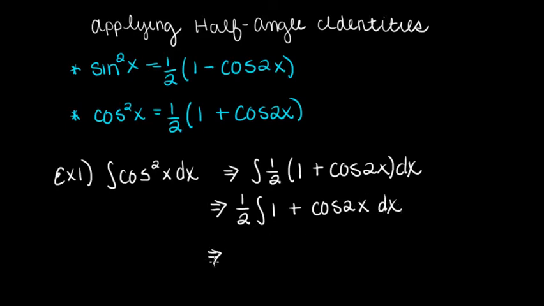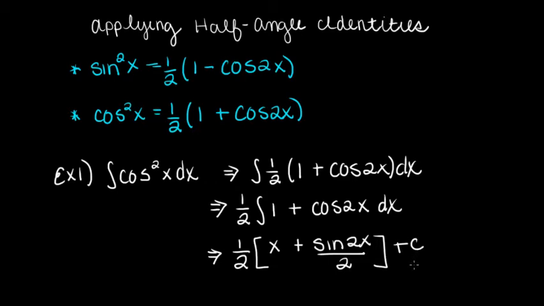All right, now we can just go ahead and take the antiderivative of 1 and of cosine 2x. So we're going to have our 1/2 multiplied by the antiderivative of 1, which turns to x, plus the antiderivative of cosine, which is a positive sine, sine of 2x, all over 2, plus c.